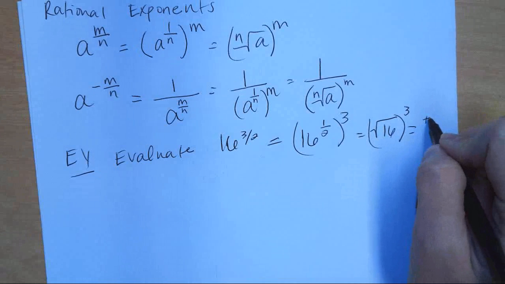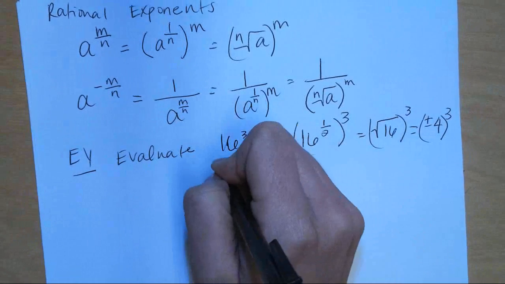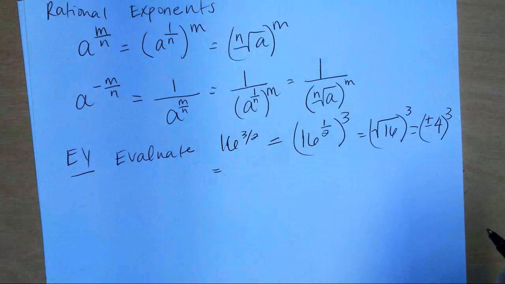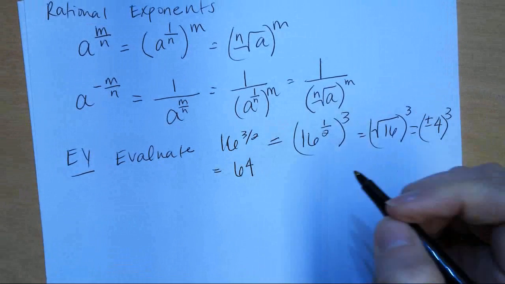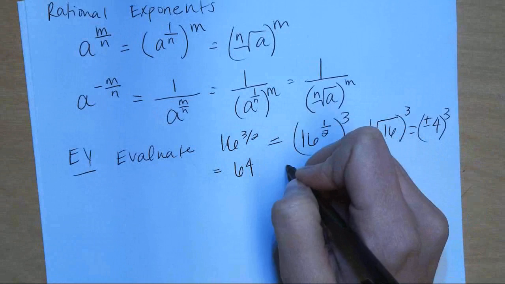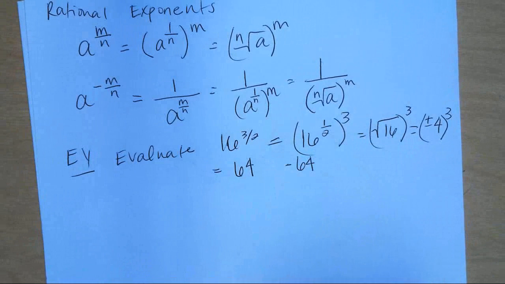So we'll say plus or minus 4 cubed. So 4 cubed is going to be 64, and negative 4 cubed is going to be negative 64. I mean, you can do plus or minus.